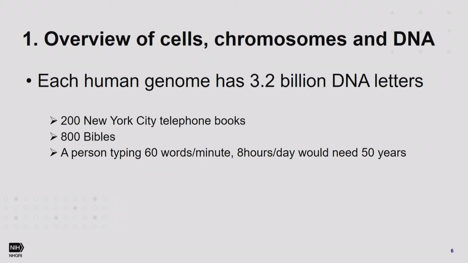When you would write down the 3.2 billion DNA letters, you could fill 200 New York City telephone books. You could also write 800 Bibles. And if some person would be willing to do that, when a person would type 60 words per minute, 8 hours a day, that would take 50 years to write our whole genome, 3.2 billion letters.